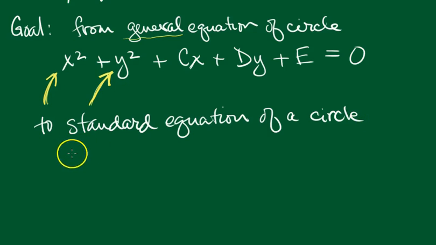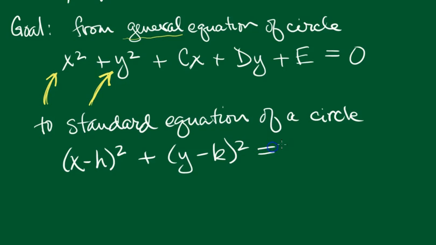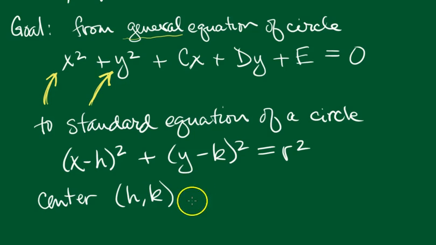which goes like this: (x minus h) squared plus (y minus k) squared is equal to r squared. And when we have an equation in that form, we know that the center is at the point h comma k, and the radius is r.